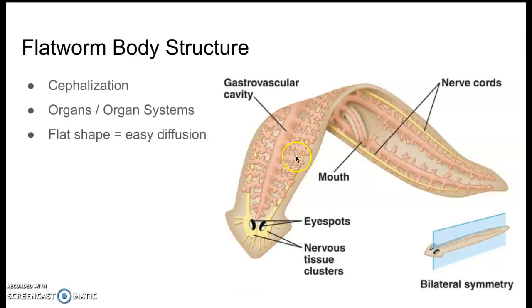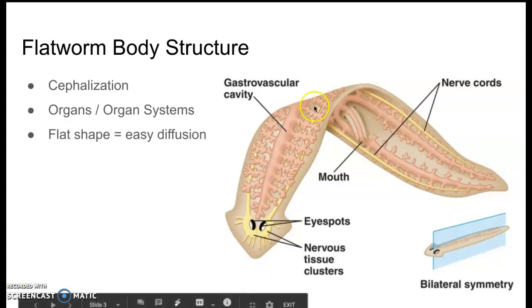Their flatness allows them to have very few cells and allows those cells to diffuse any oxygen that is around and release carbon dioxide through their cells. So even though they are very simple, they are much more complex.